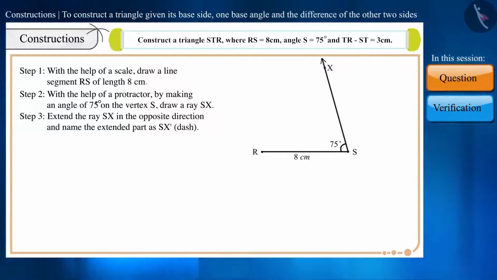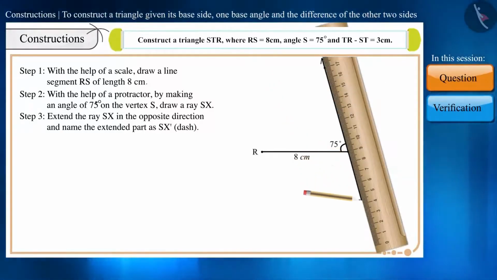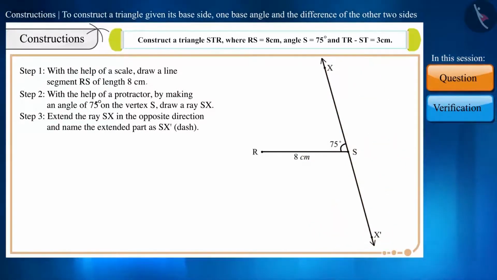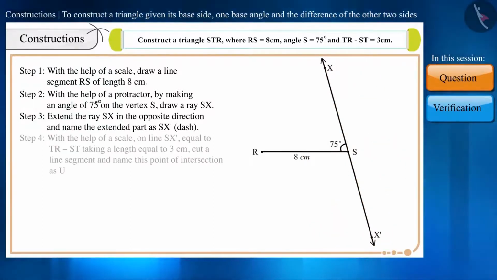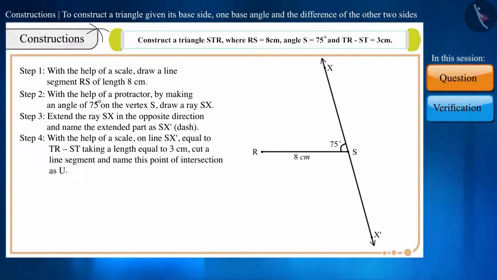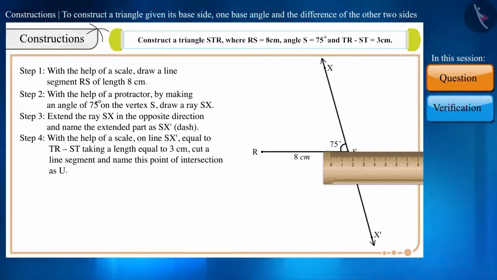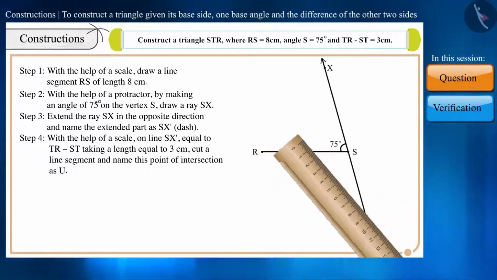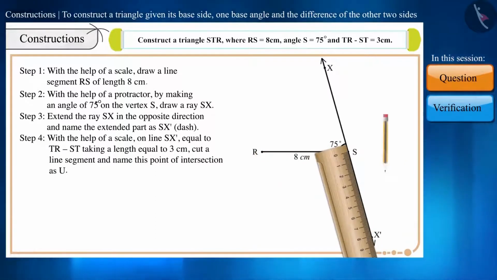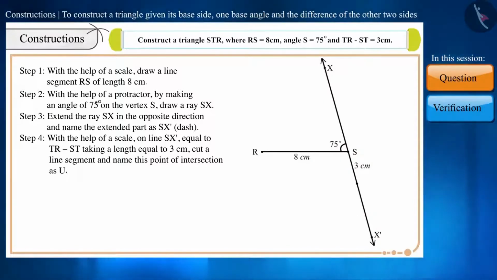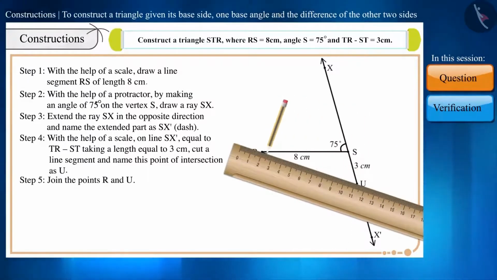Extend the ray SX in the opposite direction and name the extended part as SX dash. Step 4. With the help of a scale, on line SX dash, taking a length equal to TR minus ST, that is 3 centimeters, cut a line segment and name this point of intersection as U. Step 5. Join the points R and U.